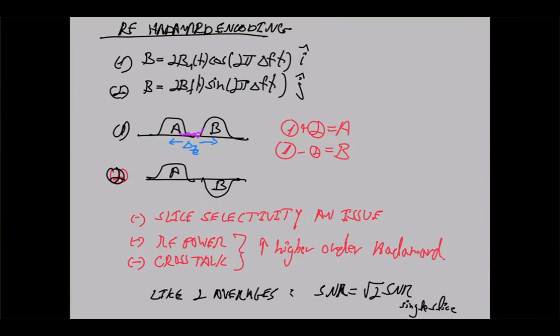So the benefit really is that, yes, it takes me twice as long to collect this, but as opposed to the slice selective 2D multi-slice, here I get a benefit in SNR. Okay. Now, Hadamard encoding works okay up to about 8. If you do more than 8, then that can be challenging because of RF power.